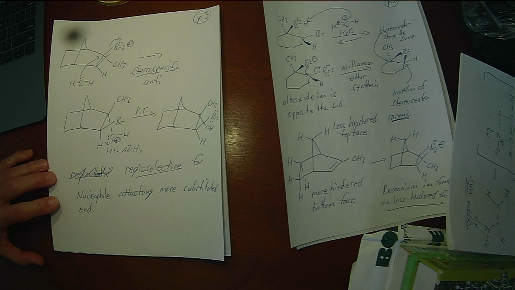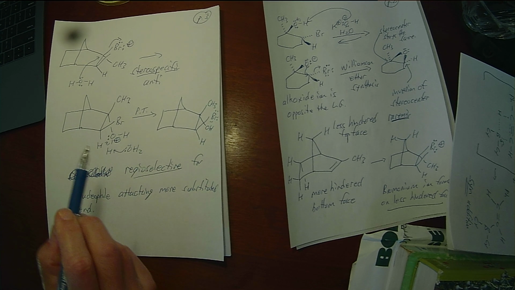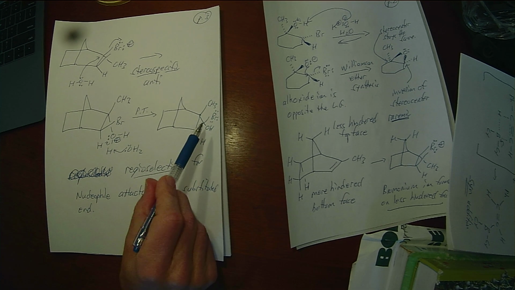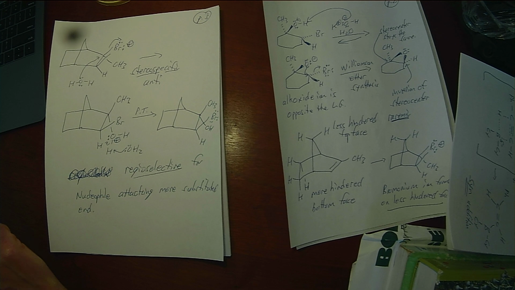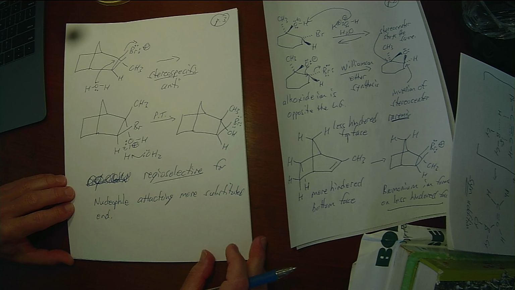So you've got stereospecificity in the ring opening, you've got regioselectivity for that ring opening at the more substituted end because of the larger delta plus, and you've got stereoselectivity in the bromine attacking on the top face, which was less sterically hindered in the first place. So there's a lot going on in bromohydrin formation.